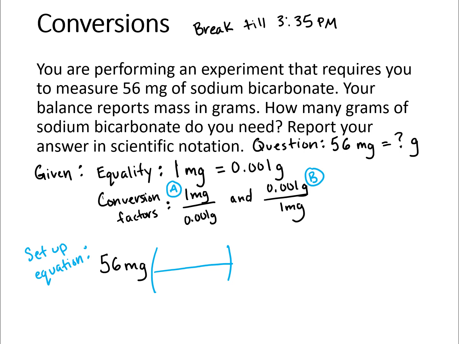You can only cancel units, remember, if you have 1 in the numerator, the top, and 1 in the denominator, which is the bottom. Knowing that, which conversion factor should we use? A or B? We should use B. Milligrams are in the bottom, and now we can cancel.